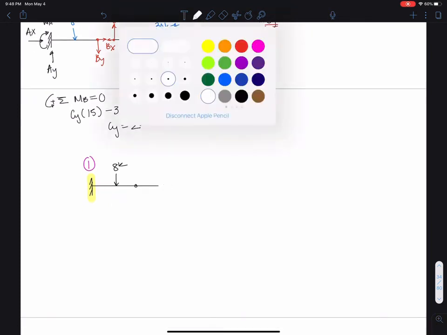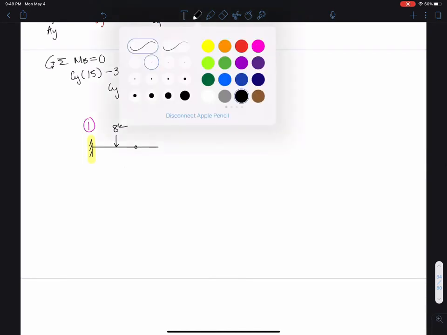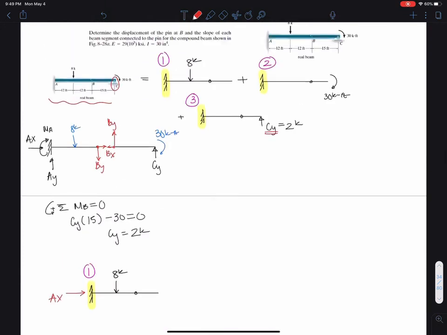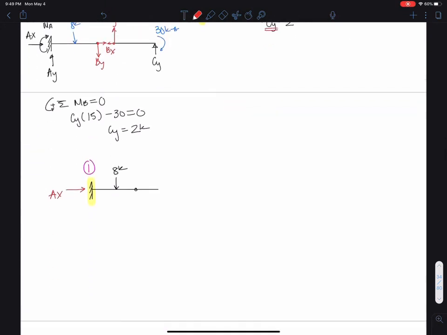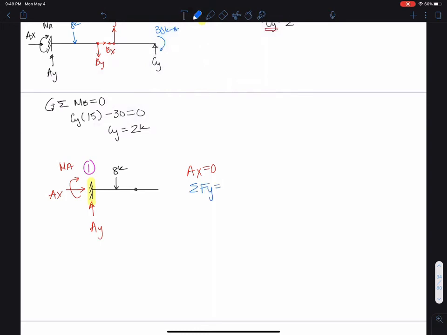Now here we just have a cantilever beam, and what we have is some AX. We assumed here AY, and we have some MA. We can already see that AX is equal to 0. If we sum forces in the Y direction, we can see that AY equals 8 kips.